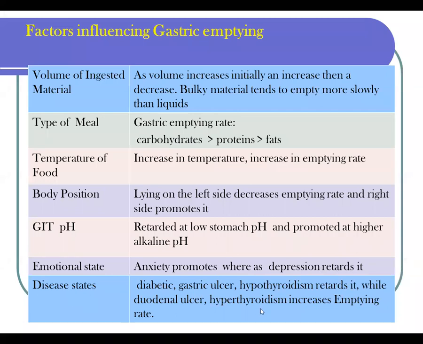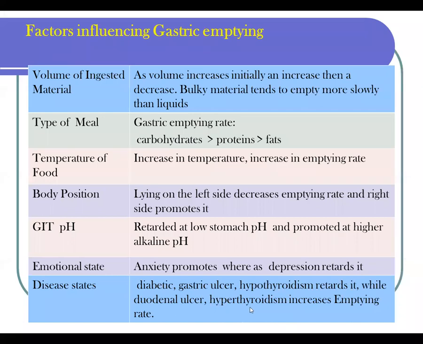Disease state, another thing. Depending on what is the disease condition, diabetic, gastric ulcer, hypothyroidism retards. So whoever is suffering from hypothyroidism and diabetic, they generally have the low metabolism. Okay, retards. So hypothyroidism retards the gastric emptying. Always they feel like full. While duodenal ulcer, hyperthyroidism increases emptying rate.